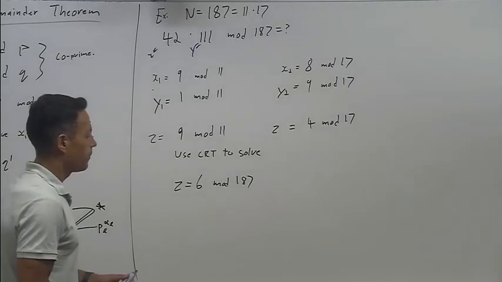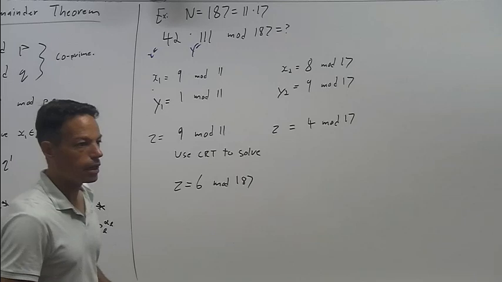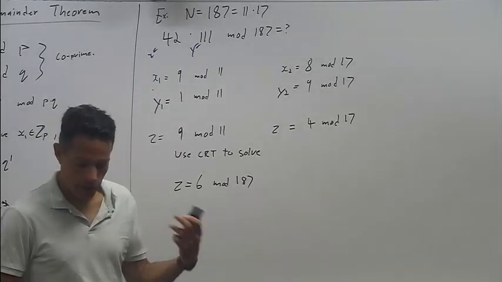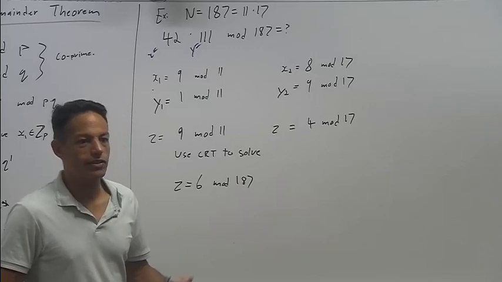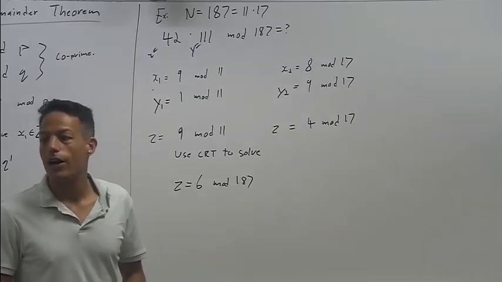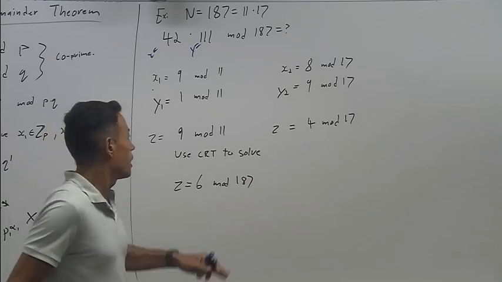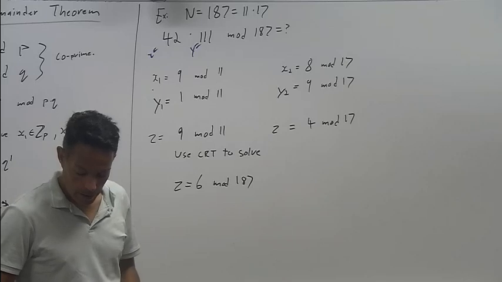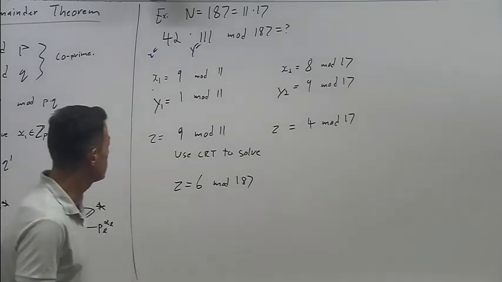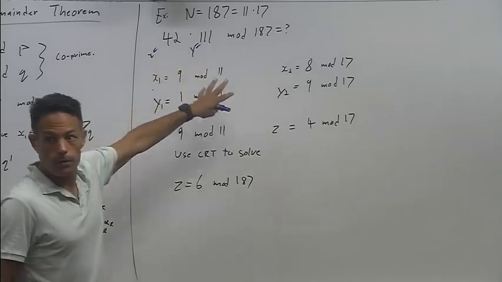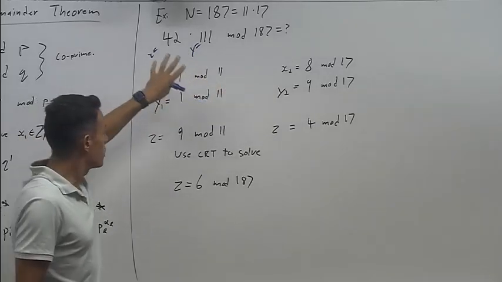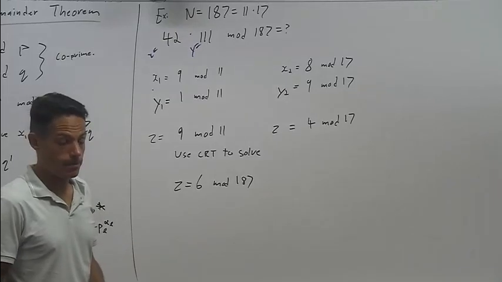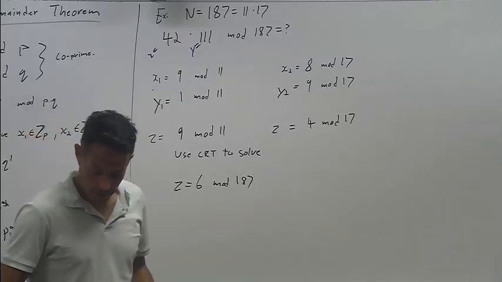So I'll leave it to you to look up the actual CRT algorithm. It's relatively straightforward. It's just more mechanical than I want to go through in this class, since the goal of this class is not to go through discrete mathematics, but simply show you how it can be used. I'll leave it as an exercise to go through, as hopefully you have seen this at some point in your mathematical career. But the point of the exercise is that we can take any composite number. If we want to work modulo that composite number, we can work in the prime powers and then use CRT to recombine. That's the point of the exercise here.